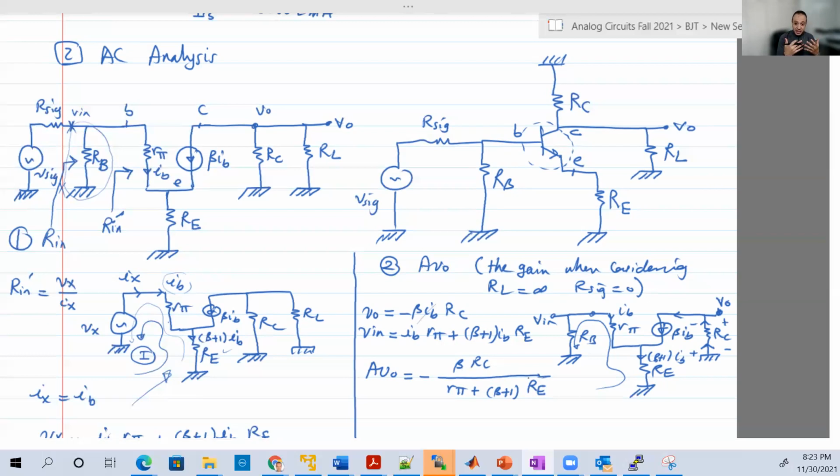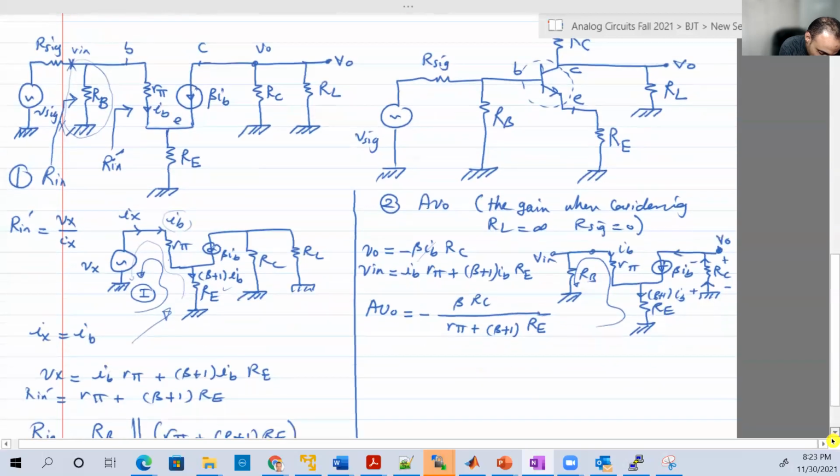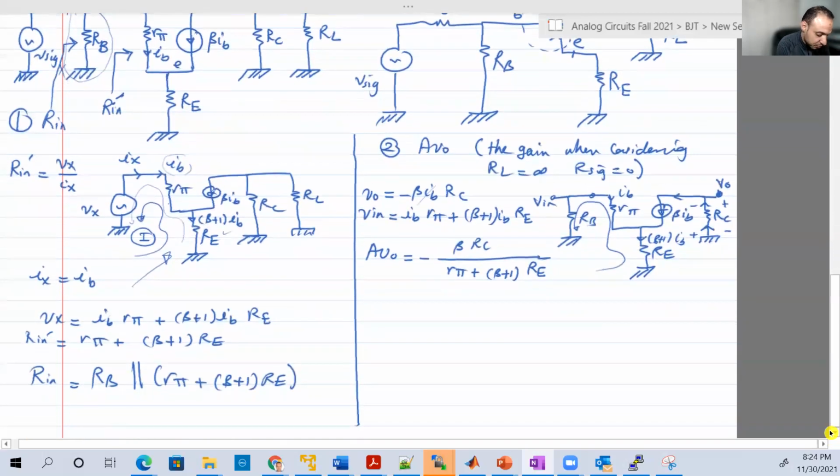We're gonna add RL, but still consider our signal equal to 0. So Vn is equal to V signal.